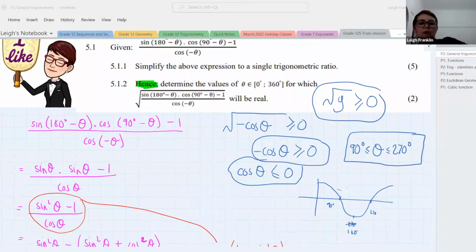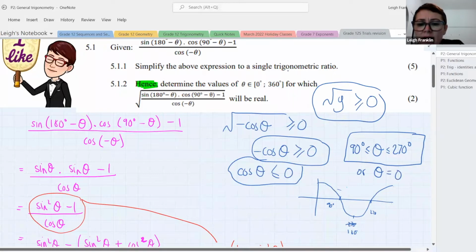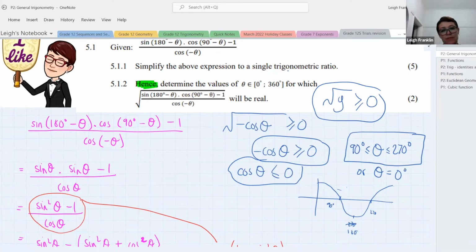Yes, so you're quite right. The square root of 0 is also real. So in other words, could it be at 0 degrees? Because the square root, if it's 0, is real.